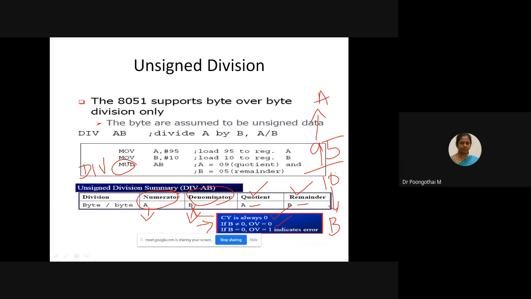If the denominator is 0, that is, your divisor is 0, overflow is set to 1, which indicates a divide by 0 error. So the remaining times, carry is 0 and overflow is 0.